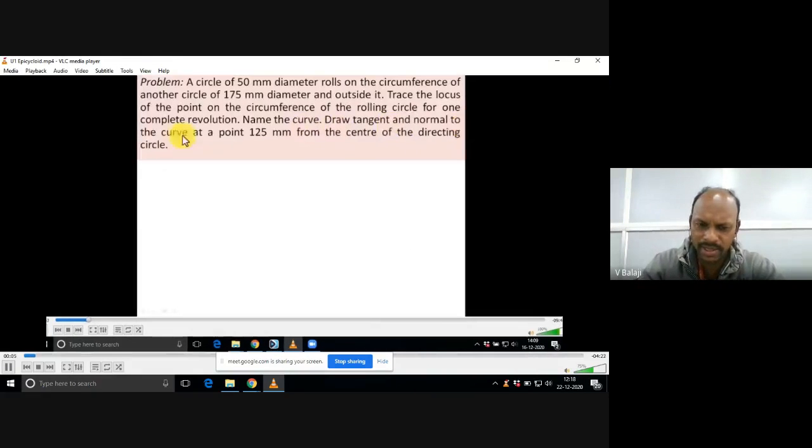Earlier, I will ask you simple questions. In the previous problem, the rolling circle is rolling on a straight path, on horizontal ground, right? What happens if that horizontal ground becomes a circular path, circular ground? Imagine the circle is rolling, but not on the horizontal path, on a circular path.